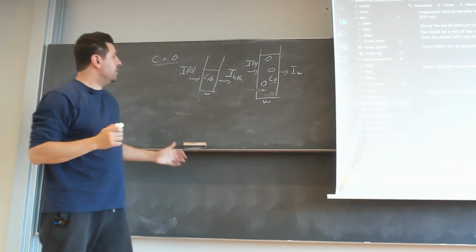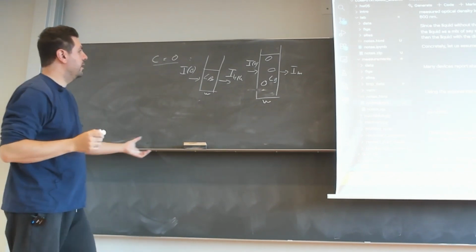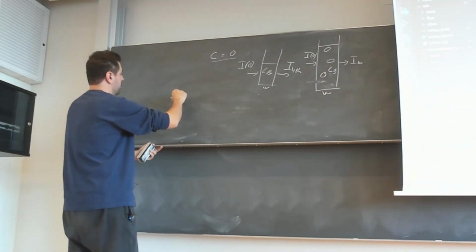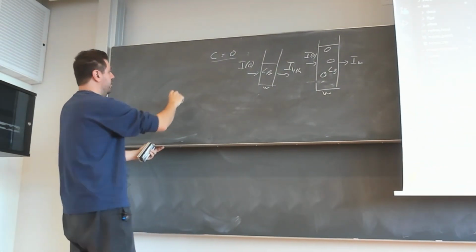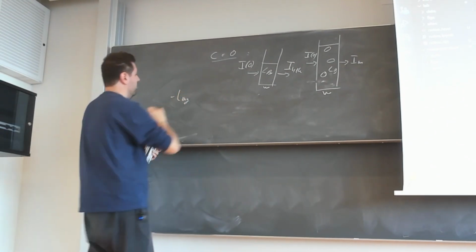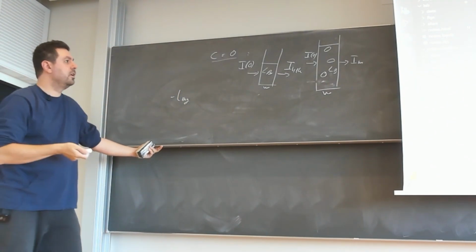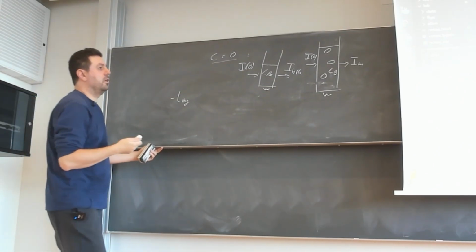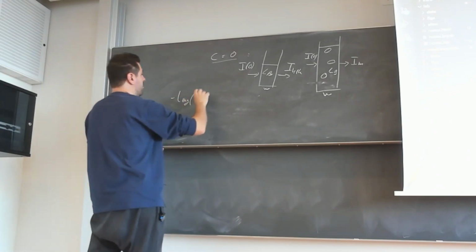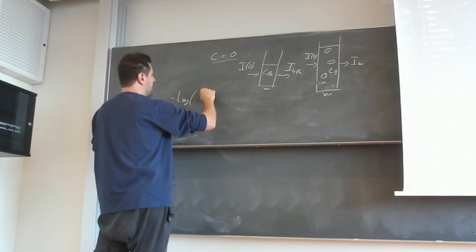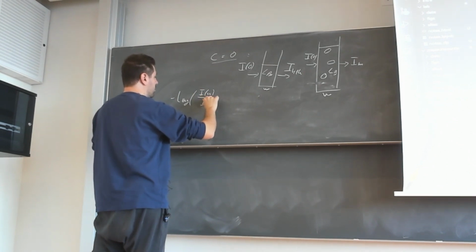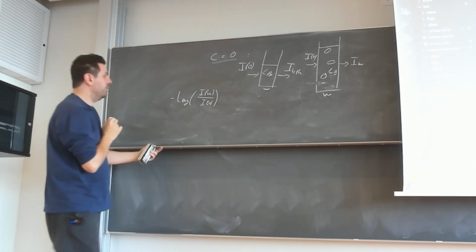And what is actually done is that this property is taken. So what people take is minus the natural logarithm, which we use here for simplicity, but you can recompute this to base 10, which is usually reported by such devices, of Ix, or IW in this case, divided by I0. So this is a measurement.